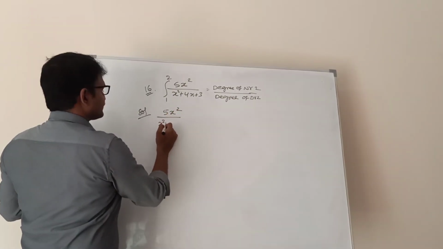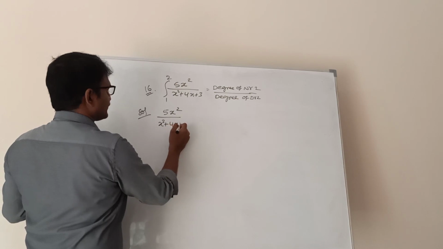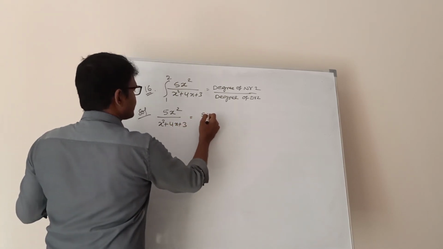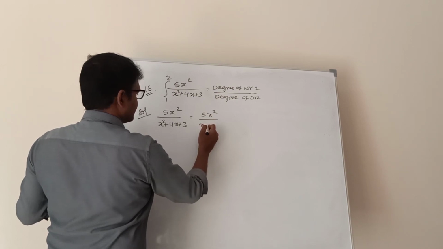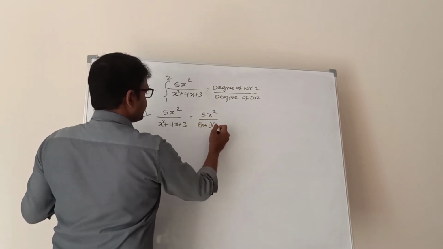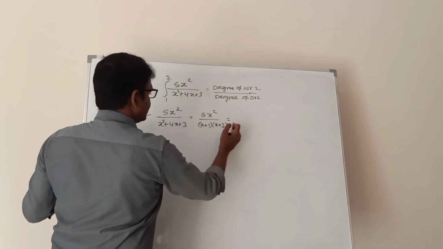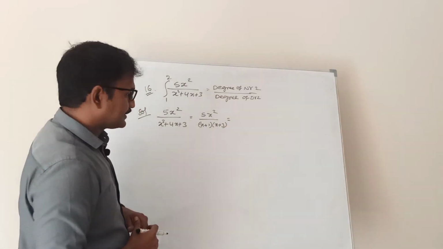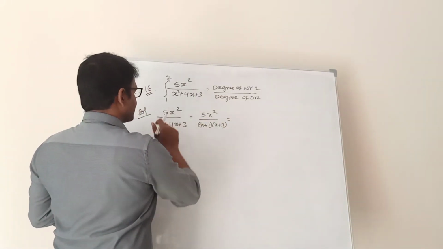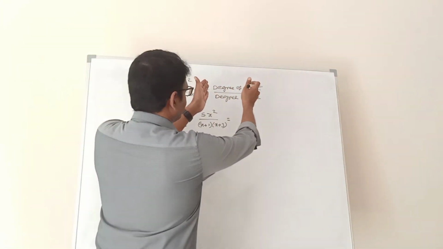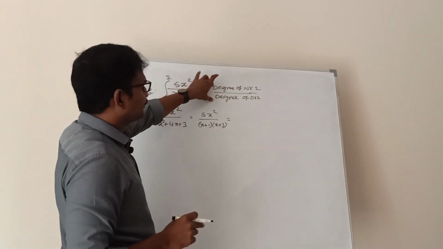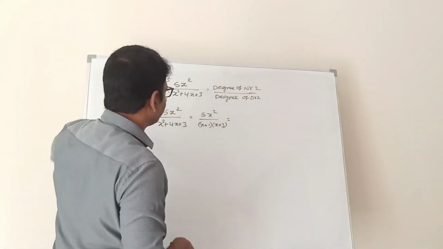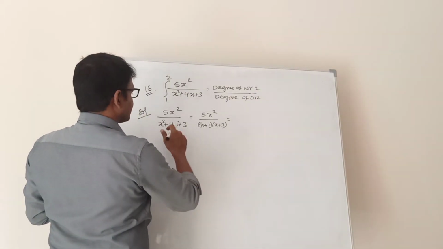5x square by x square plus 4x plus 3. Find the factors for this: x plus 1 into x plus 3. And how do we take partial fractions for this? If the degree of the numerator is equal to the degree of the denominator, how do we write the partial fractions?